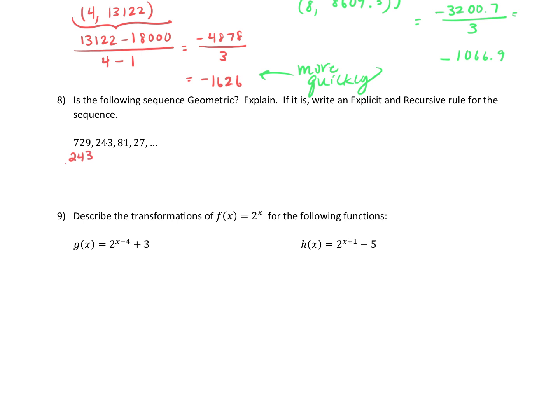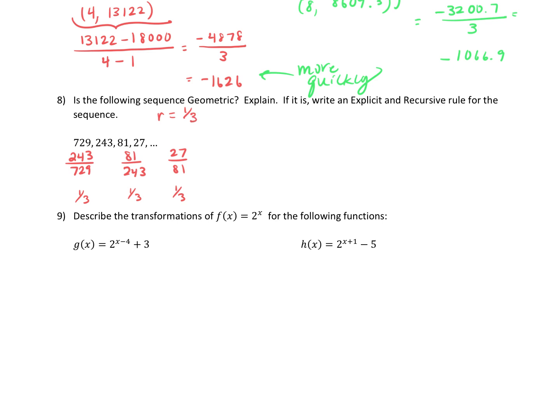So 243 divided by 729. 81 divided by 243. 27 divided by 81. And we just check those and see if we get the same number. If we get the same number, that is your common ratio. And when we divide that, we get a 1/3 for each of them. So that means that our common ratio is 1/3.